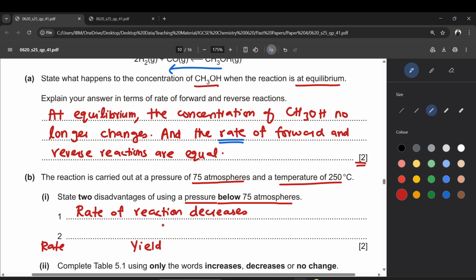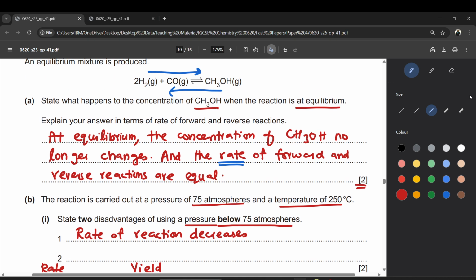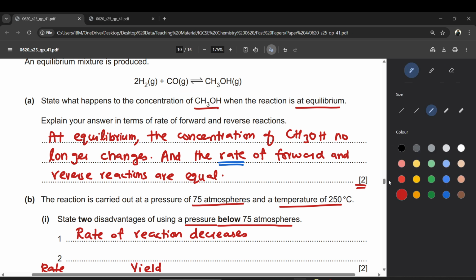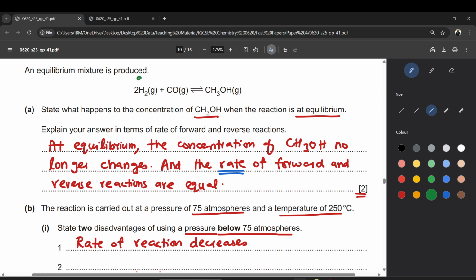Okay, the second disadvantage is that if we use a lower pressure, the position of equilibrium moves to the side that has higher number of gas moles. So let us count how many gas moles do we have on both sides.